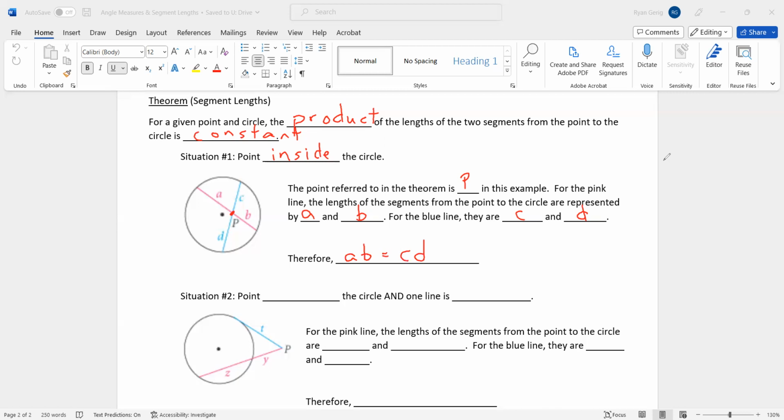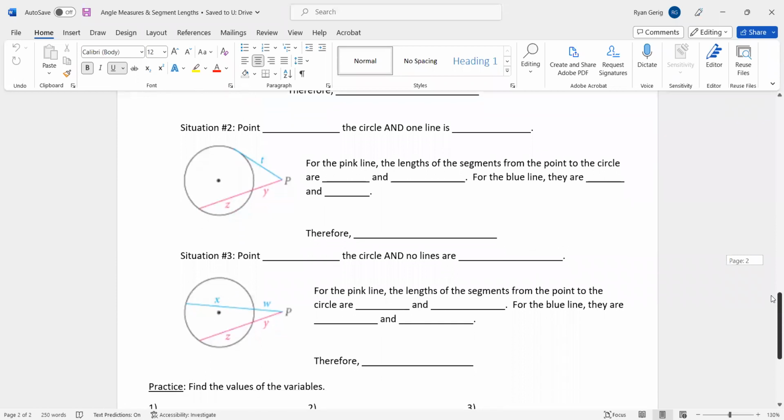All right. Situation number two. Scroll down so you can see, is a point outside the circle and one line is tangent. Okay, for the pink line, the lengths of the segments from the point to the circle.